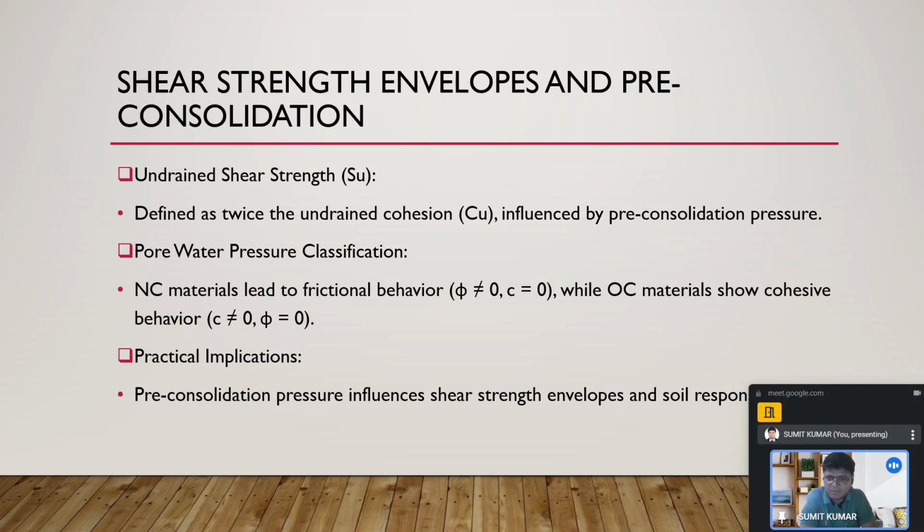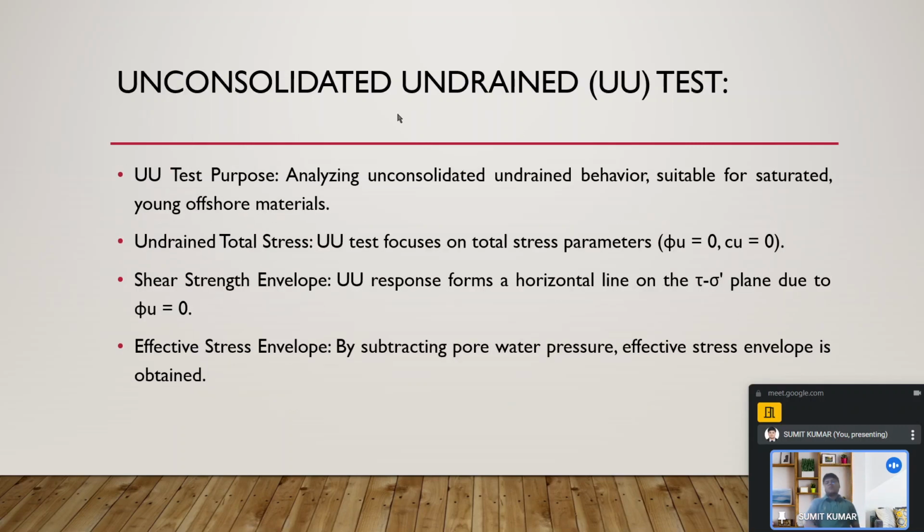When we talk about the practical implementation, the pre-consolidation pressure influences the shear strength envelope and the soil responses. When we talk about the unconsolidated undrained test, the UU test analyzes the unconsolidated undrained behavior, suitable for saturated young offshore material, undrained total stress.